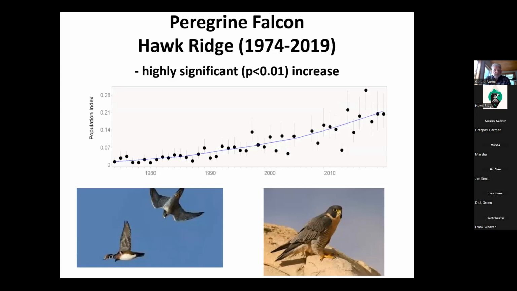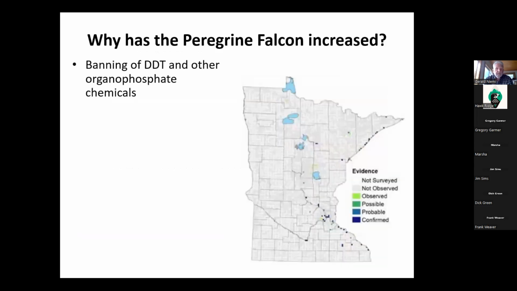So we first go to the peregrine falcon, another species that has shown a tremendous and highly significant increase over time since 1974. So you see very few counted back in that period in the 70s and early 80s, and a really nice increase in the population over time. Another huge success story, partly due to, certainly that species was affected by DDT.